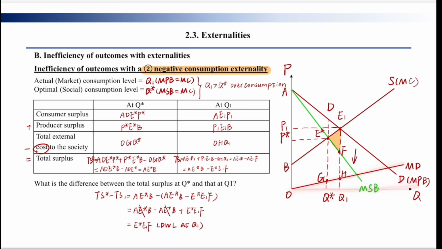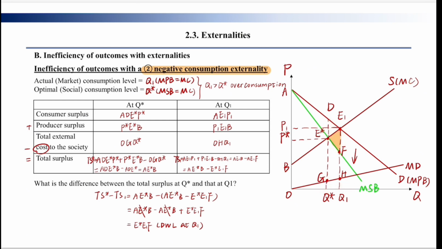I will say it again. The distance of MD from the x-axis is equivalent to how much the MSB will decrease from MPB. So that is to say this line is equal to this line.